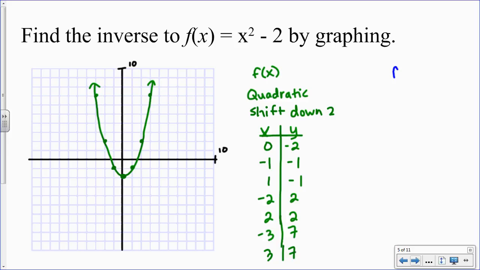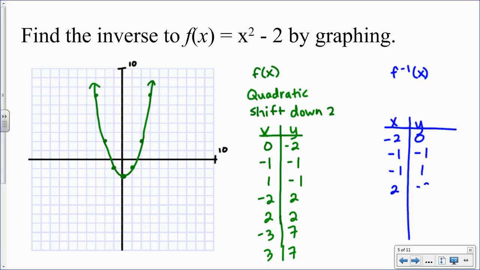Okay, I want to do f inverse. I'm going to switch all these x and y's. I will graph those.